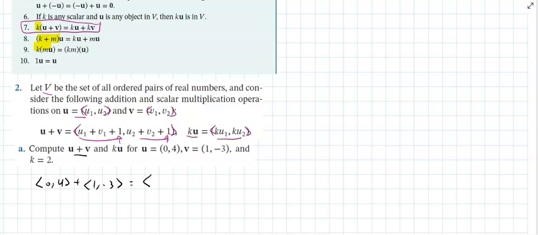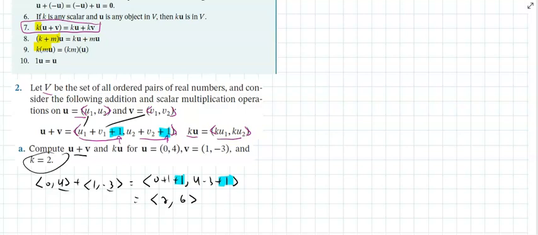Based on this rule, if you notice, you take the 0 plus 1 and add 1 to it. And you take the J, 4 minus 3, and you add 1 to it. And this extra 1 that's being added is right there. That's how this vector space set addition works, and that will be 2, 6. And the scalar multiplication is simple.